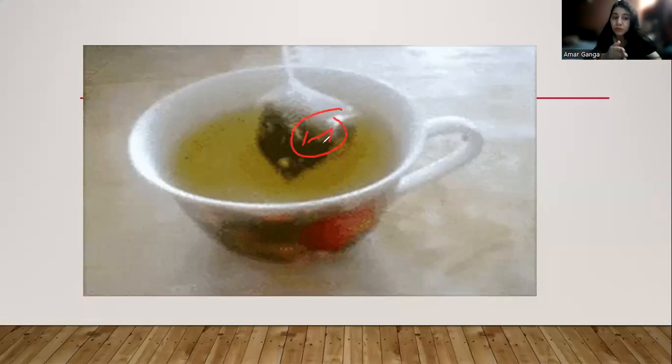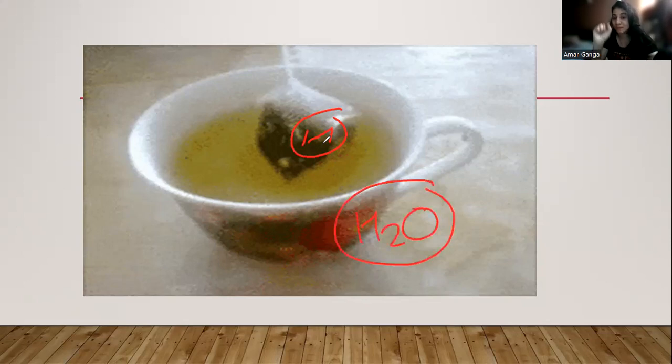And it's moving from higher concentration to lower concentration. And where is the lower concentration? Lower concentration is in water. So particles are moving from higher concentration to lower concentration. So again, this is an example of diffusion, and this is also a daily life example that you can easily observe.